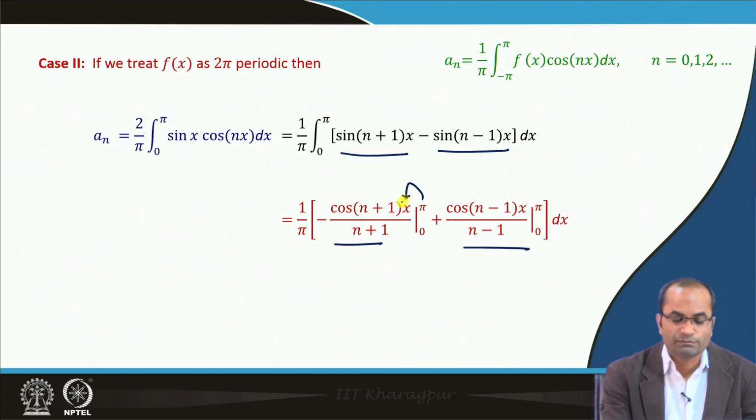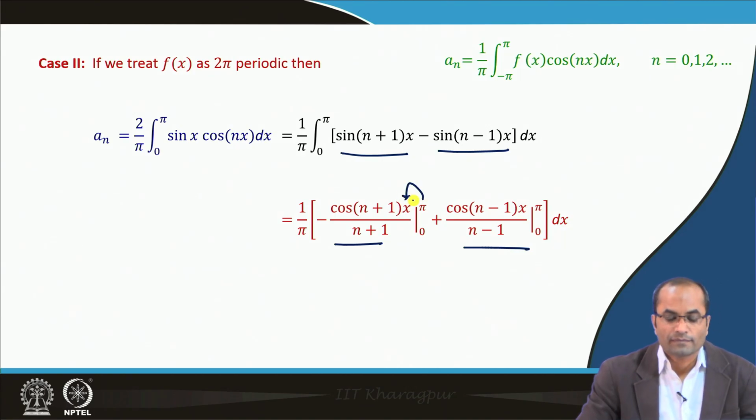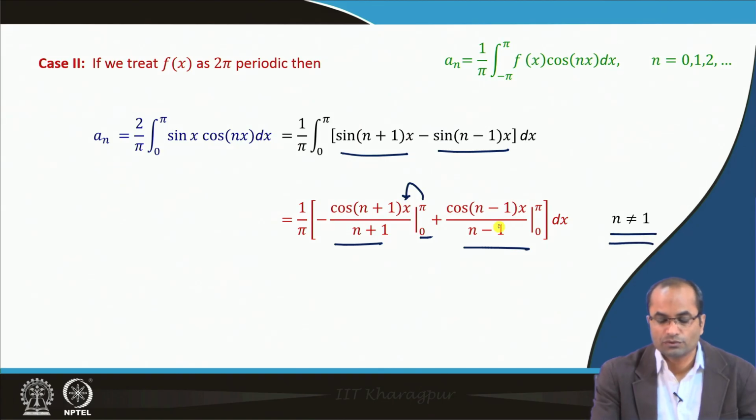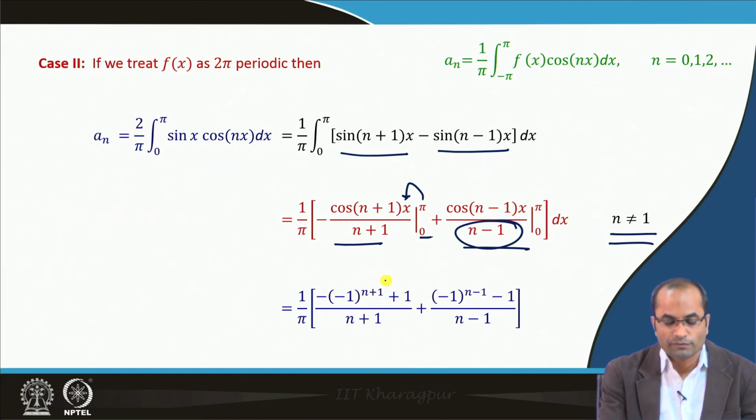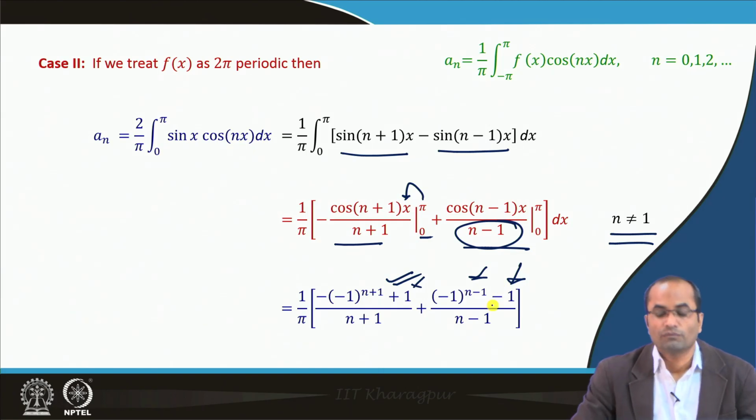So, we will put first the pi there, sin (n+1)π, and then minus this sin, cos 0. First we have to assume that n is not equal to minus 1, otherwise this will break down. So we will get this formula: (-1)^(n+1), and for 0 we will get 1 here, and similarly (-1)^(n-1), and for 0 we will get 1 there.